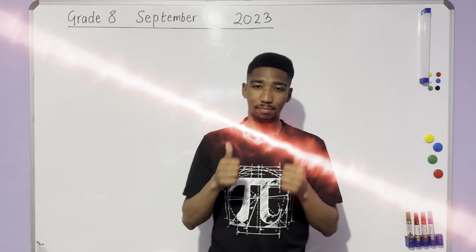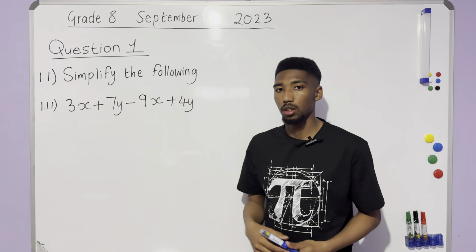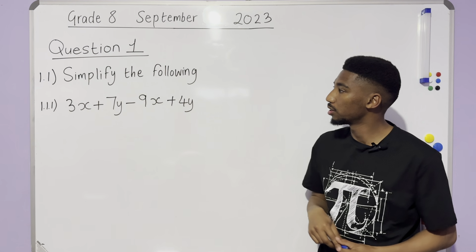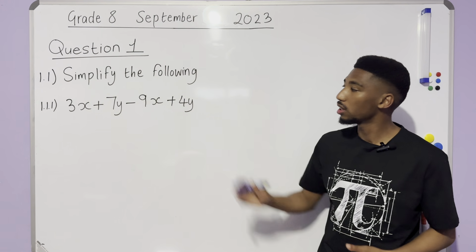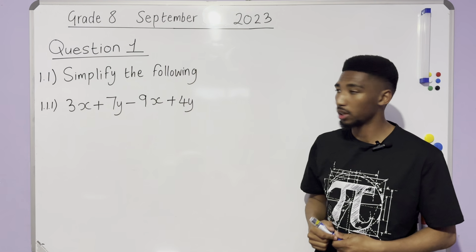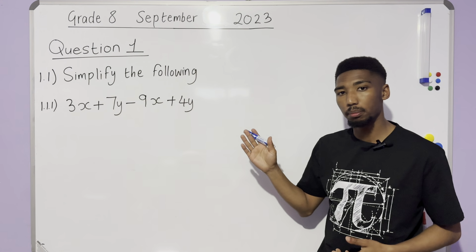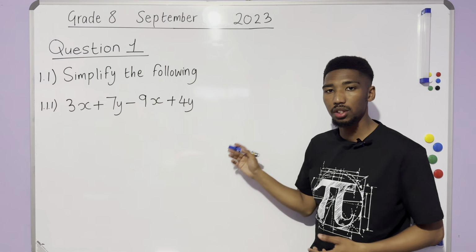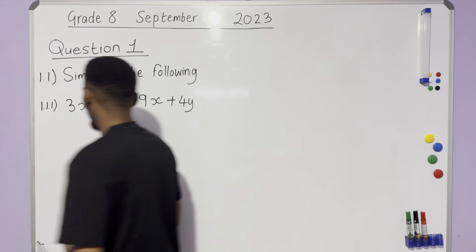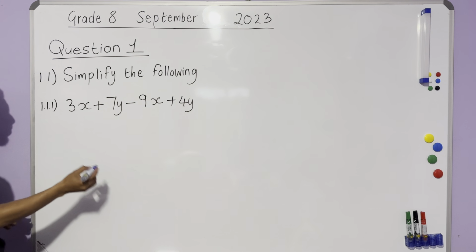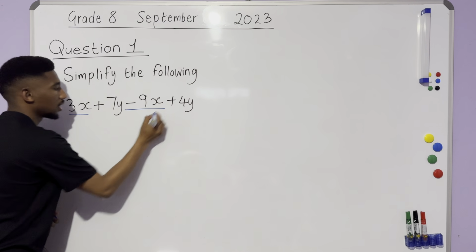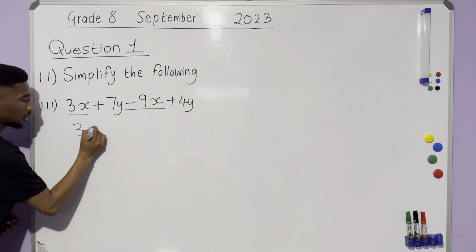In the first question, we have simplifying of expressions. If we look at 1.1, we have to simplify the following. So the first question is quite a basic algebraic expression. In this, we have to identify the like terms, and 3x and negative 9x are like terms.